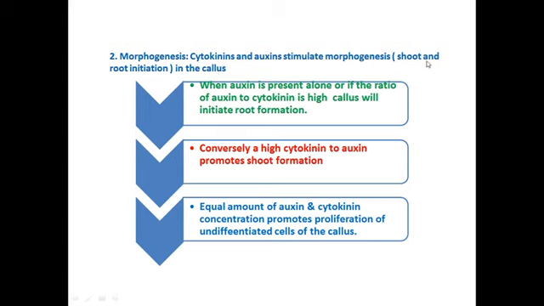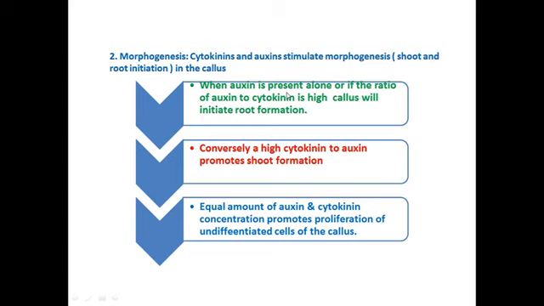Morphogenesis means shoot and root initiation in the callus. Callus is formed during tissue culture from a single cell. A mass of undifferentiated cells is called a callus. So when shoot and root initiation starts in this callus, this is called morphogenesis.